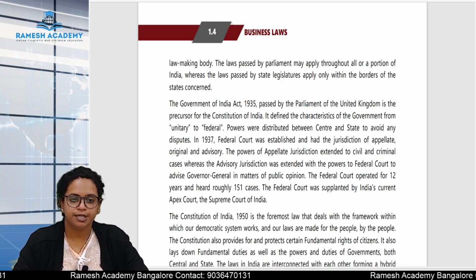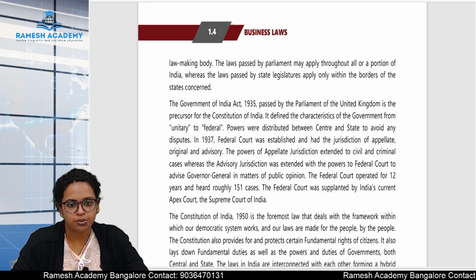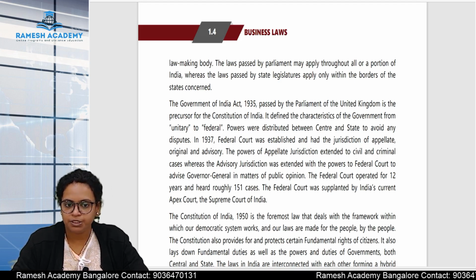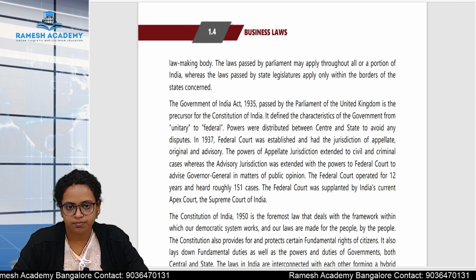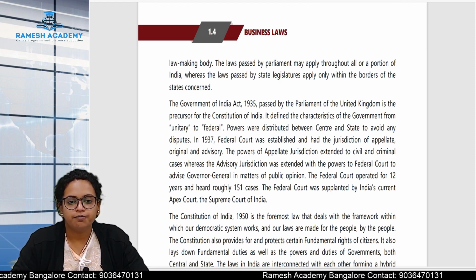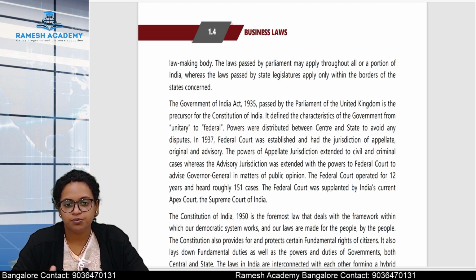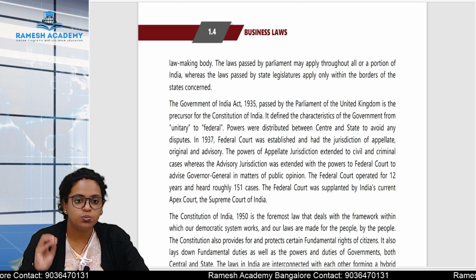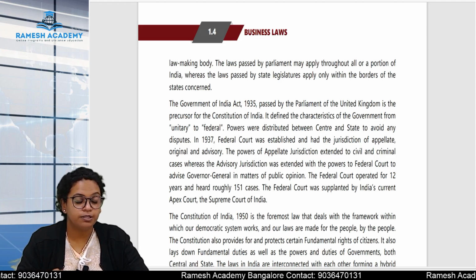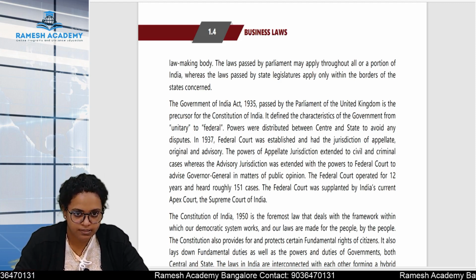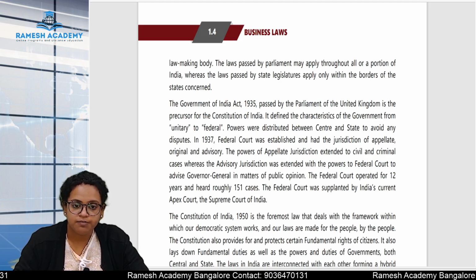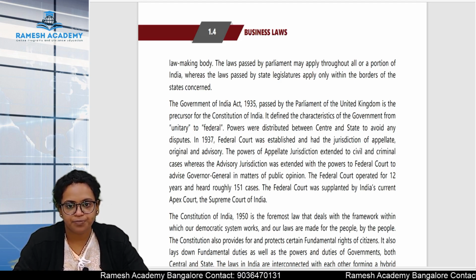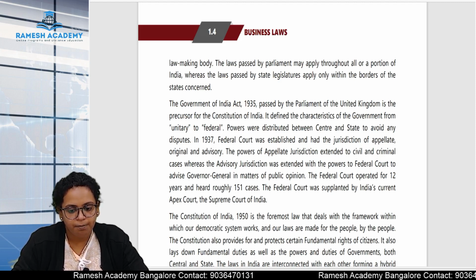Now the state also has power, the central also has power, but the ultimate power is with the center itself. Okay, so now we have learned two words, unitary and federal. Unitary is one wherein the distribution of powers does not exist, but in federal we have the distribution of powers. Let's continue to read.